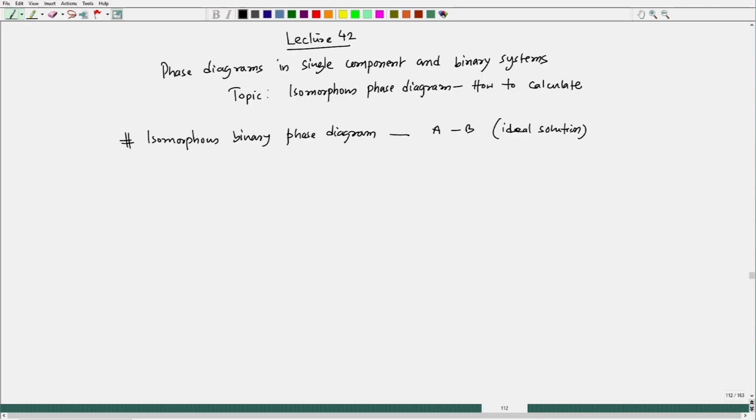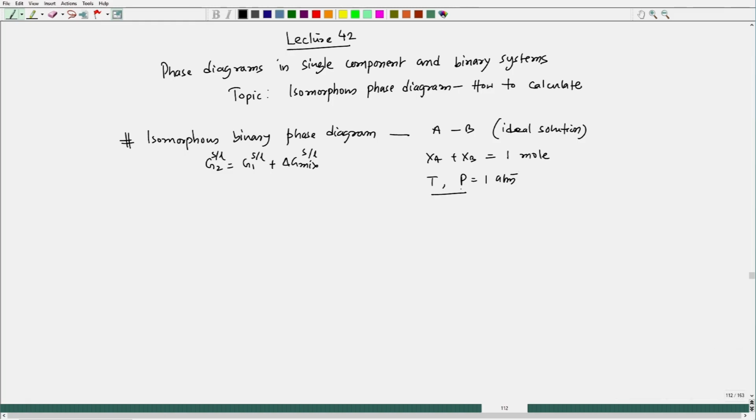The formulations are basically G2 equal to G1 solid liquid plus delta G mix solid liquid, where Xa and Xb are the mole fractions that would lead to 1 mole of solution, and we are doing it at different temperatures. That means every time we fix the temperature and try to see the equilibrium condition for solid and liquid solution. P is kept constant, 1 atmosphere.